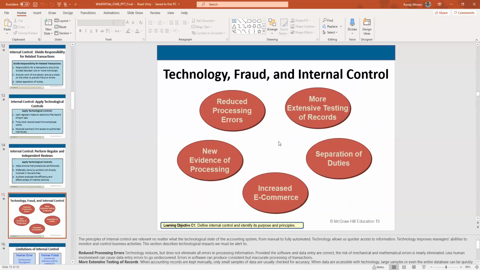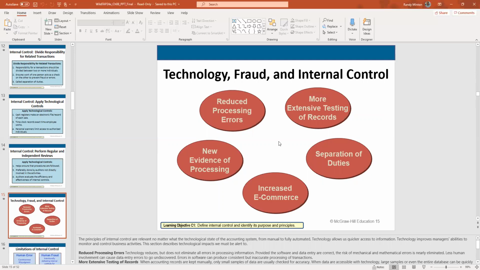Here are some instances of technology fraud and internal control issues. We want to make sure that if we are able to do this correctly, we should see an increase, other things equal, in e-commerce. We want to make sure that we are looking at separation of duties that prevents fraud.